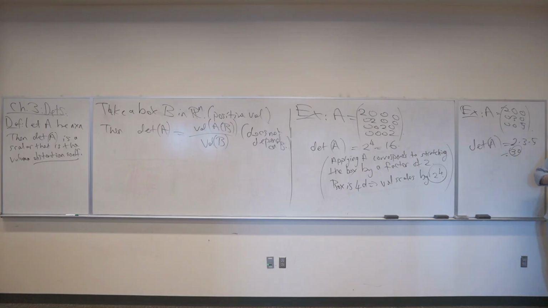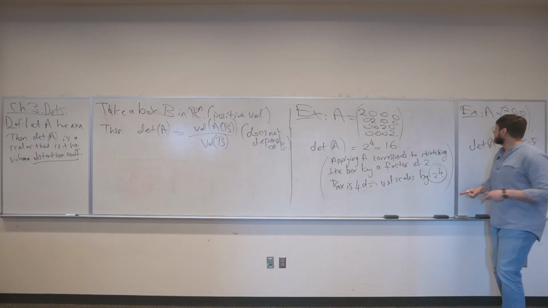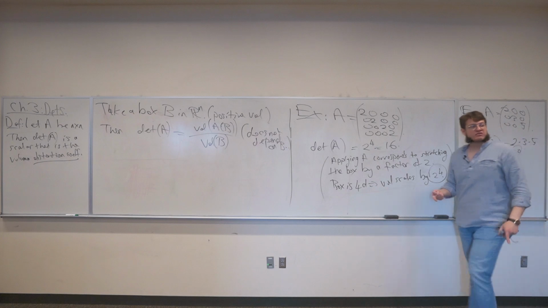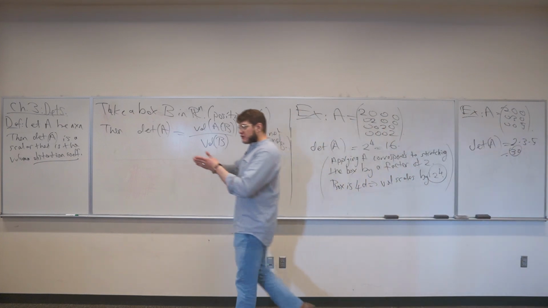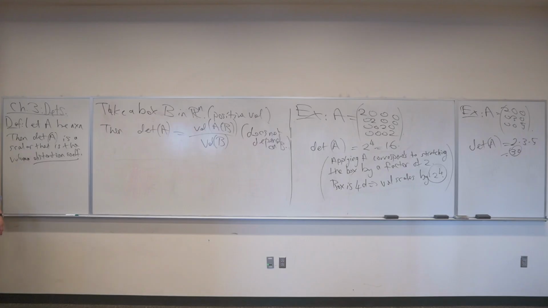Why? Because now this is a transformation in 3 dimensions. Take a little cube. In one axis, you expand it by 2, multiplying volume by 2. In another axis, you expand it by 3, multiplying again by 3. In the third axis, you expand by 5, multiplying again by 5. So the total volume distortion has to be the product.